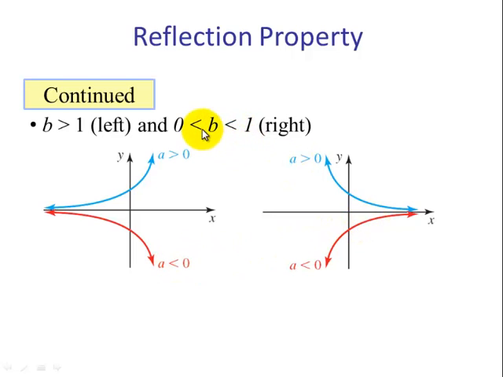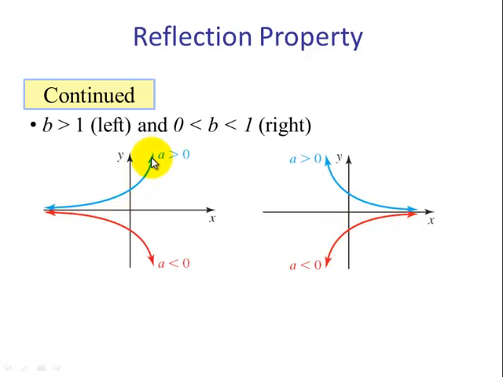For the case where we have a decreasing function, where b is in between 0 and 1, here's our value of a. It's positive, so it's in quadrants 1 and 2. And here is the graph of when a is negative.